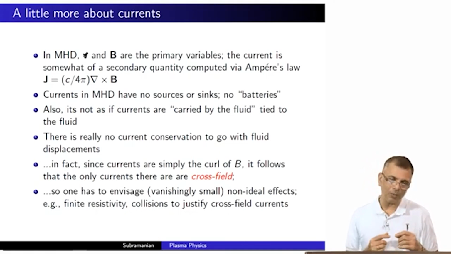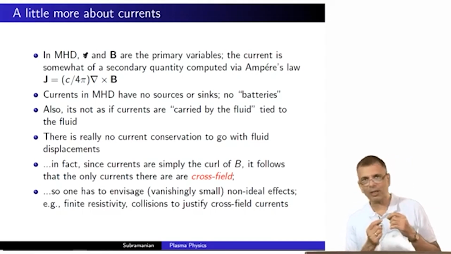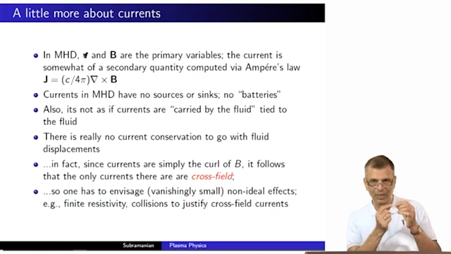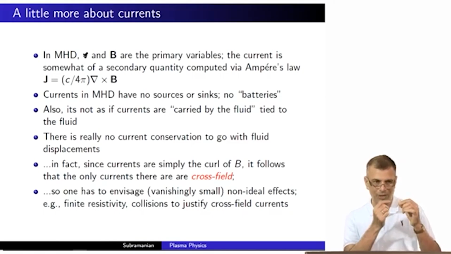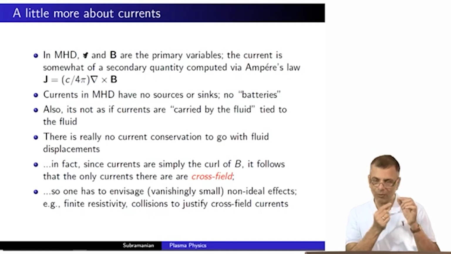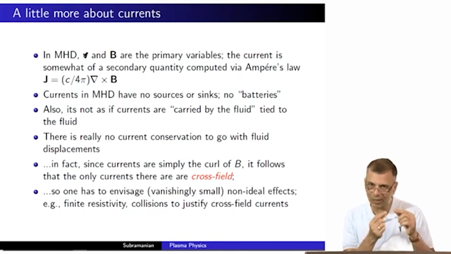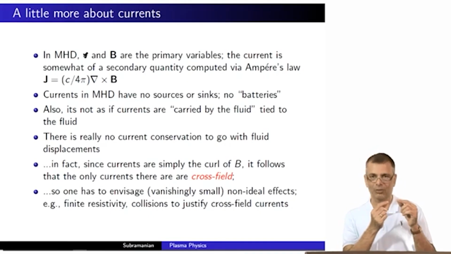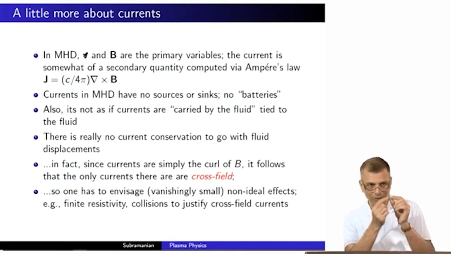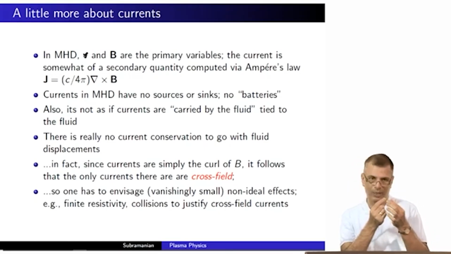Now what's happening is there are little collisions with each other, which make these gyro motions slightly displaced. So the proton motion does not exactly cancel out the electron motion. Therefore, there is a slight charge displacement, and that gives rise to a small current.